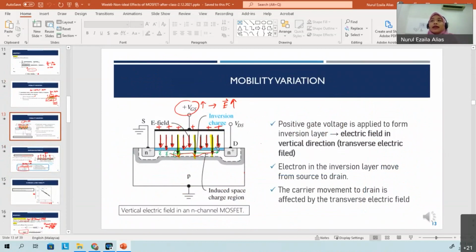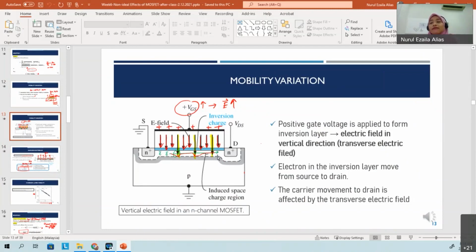There is a velocity saturation, so the velocity of electron has its limit as well. The velocity saturation of electron is 10 to the power of 7, if I'm not mistaken. So that is how mobile. This mobility, or this movement of electron from source to the drain, may vary, meaning that the mobility may degrade.